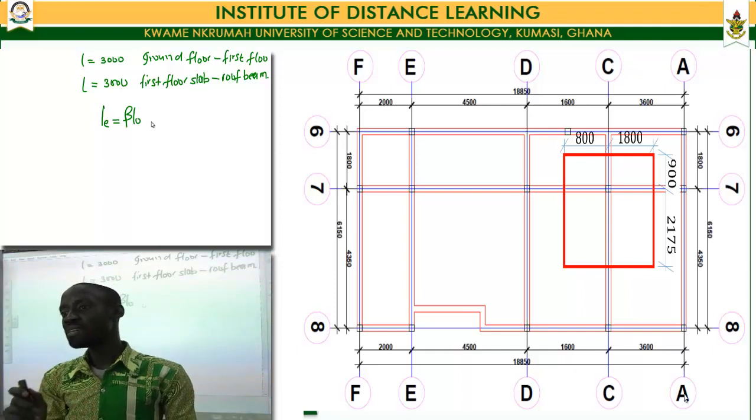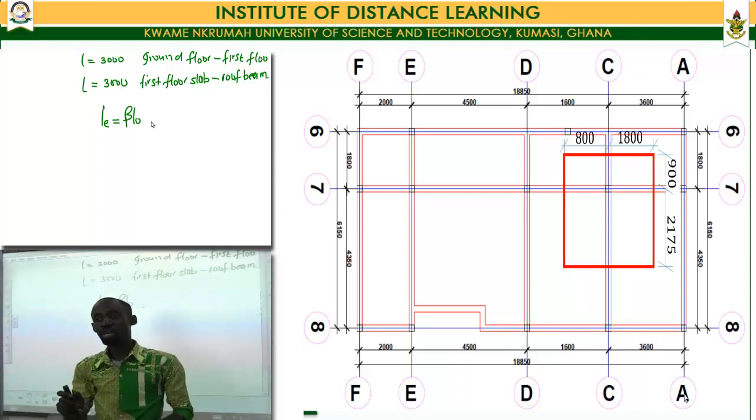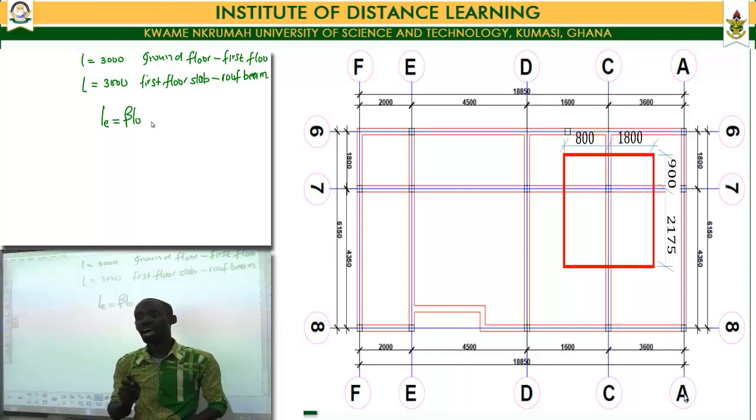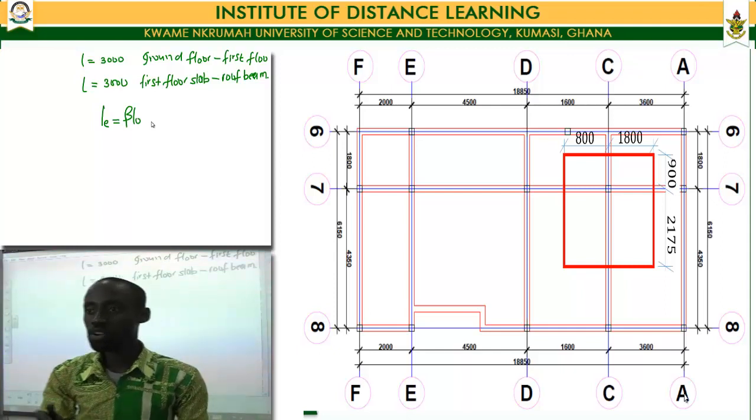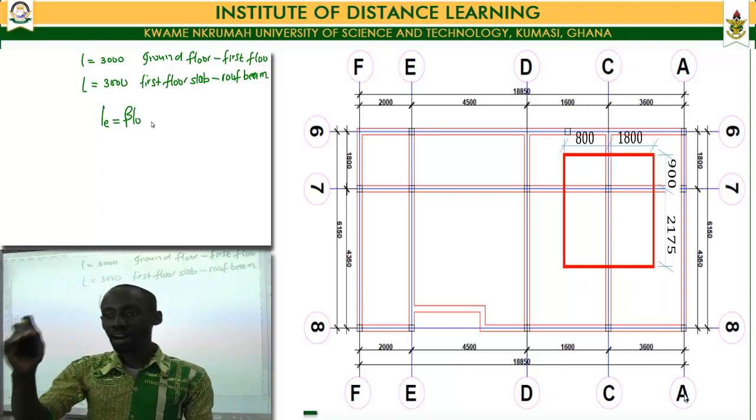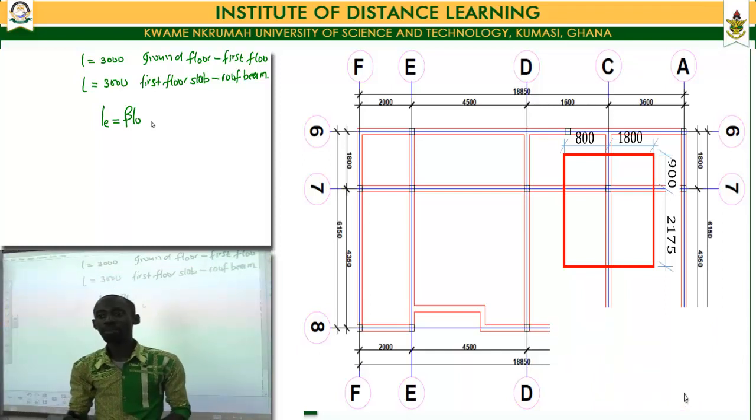Then between grade line 7 and 8, which has a span of 4300, our column on grade line C7 would also have to carry about half of that value.